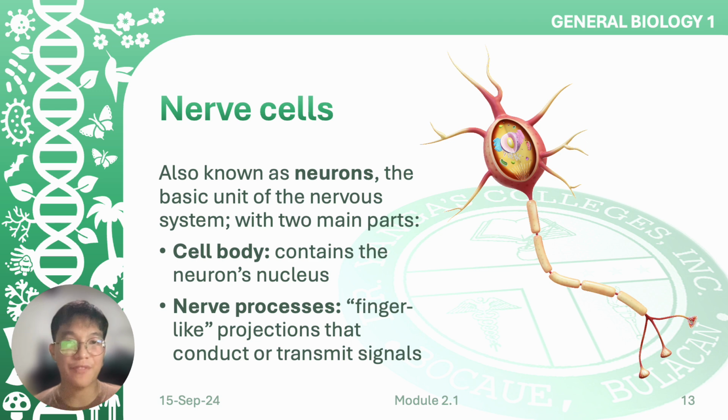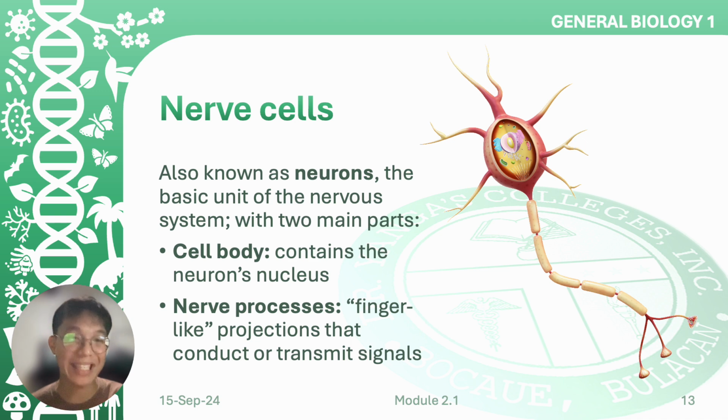And now we have nerve cells, also known as neurons. These cells make up the basic unit of the nervous system. So what makes up the nervous system? Let's recall. That will be your brain, your spinal cord, and all the nerves inside your body. The nerve cells contain two main parts.